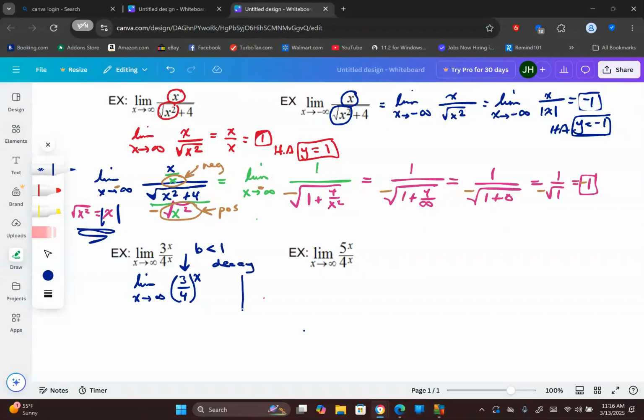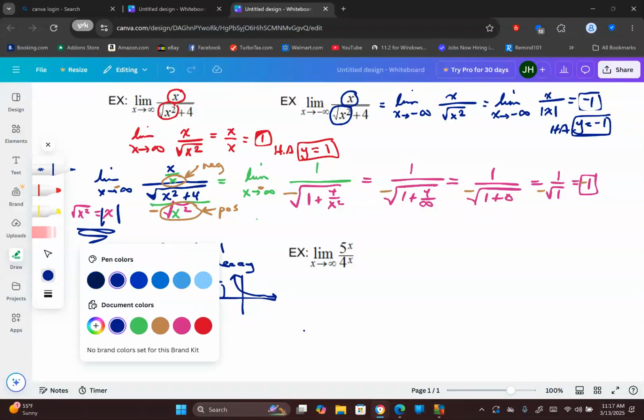Decay functions look like this. If you draw an exponential that's decay, it comes down and levels off at the x-axis. So the limit as x approaches infinity, well, you can take a look at it. It's going to be 0 because of the asymptote. If you multiply by 3/4 over and over again, it's going to get smaller and smaller, and it's going to go to 0.